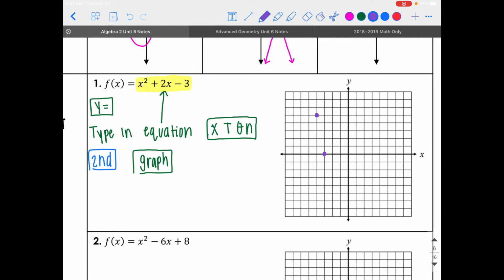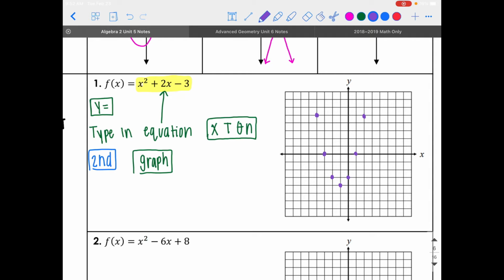Then -2, -3. Then -1, -4, 0, -3, 1, 0, and 2, 5. And that's all that will fit on the graph.